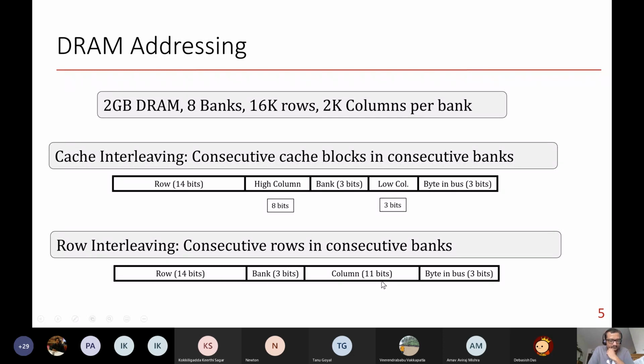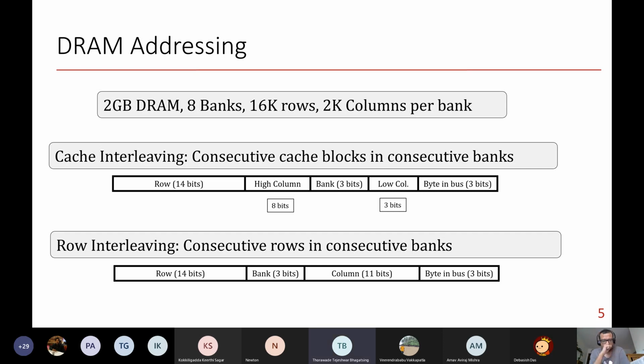Can we say that in this case we will get more hits in the row buffer? In this case, meaning in the latter case? Yes, in the row interleaving case, because the addresses are consecutive. Addresses are consecutive, meaning what? Addresses are coming from the processor, right? You don't have control over the addresses that are coming. You are just breaking that address into the DRAM specifics.